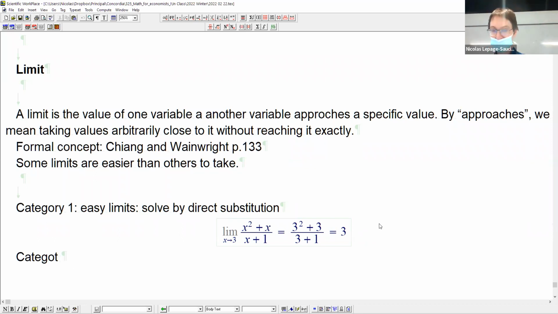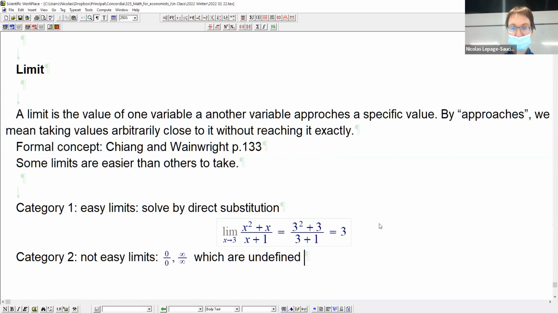Category 2. So not easy limits. For example, 0 divided by 0, or infinity divided by infinity, which are problematic by substitution.